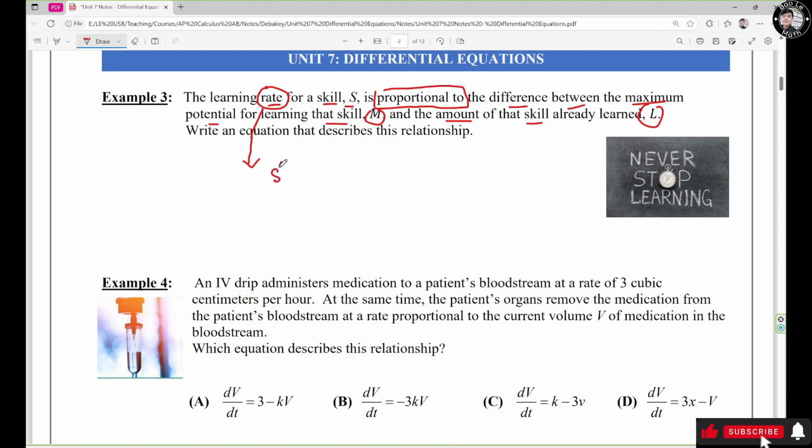So it could be s prime is proportional, which means equals the constant of proportionality k multiplied by the difference, which means subtraction, between the maximum, which is m, and the amount already learned, L, so subtract L. Or you can write this as ds over dt equals k times m minus L.